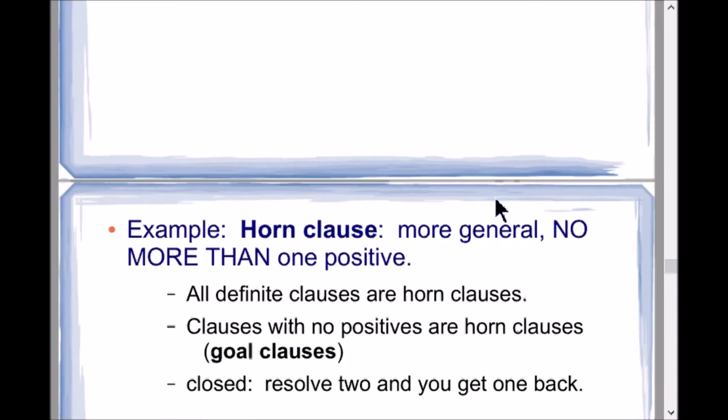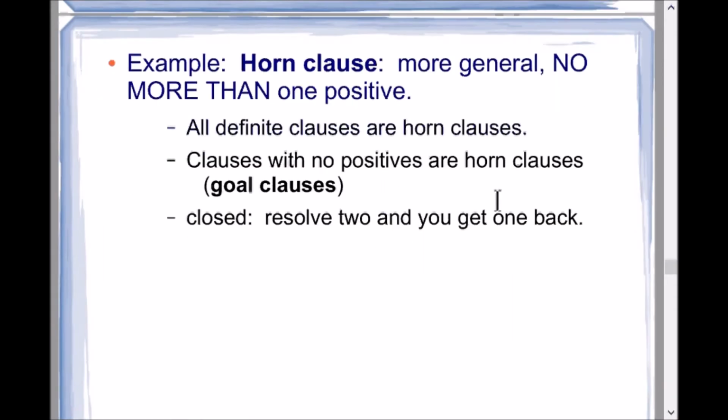Another restriction is what's called a horn clause, which is a bit more general. This is a clause that is a disjunction of literals, like a definite clause, but with at most one of them positive. So with a horn clause, you can have zero or more positives. Let's say you have a disjunction of three literals, all negative. That's a horn clause.